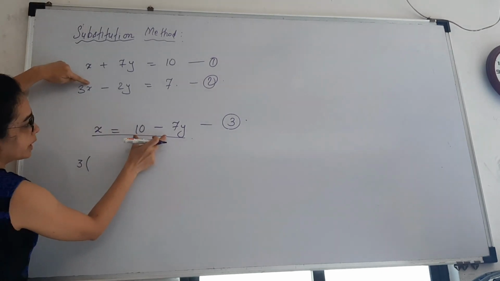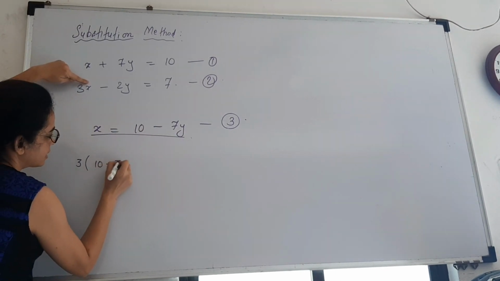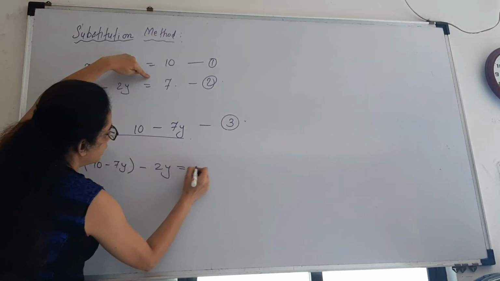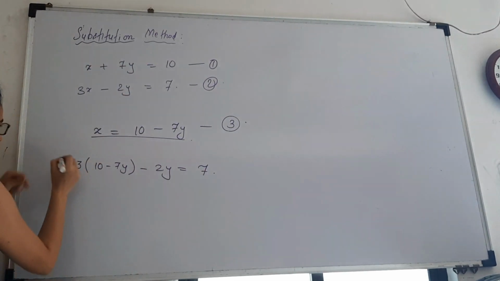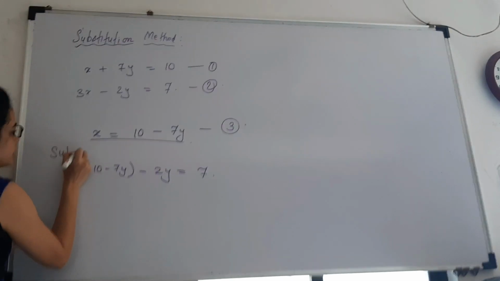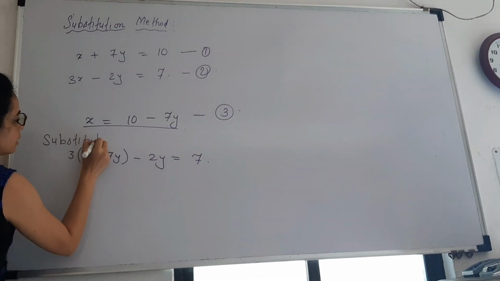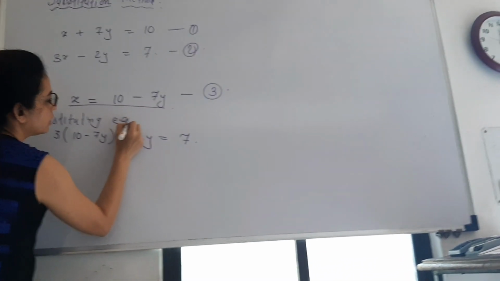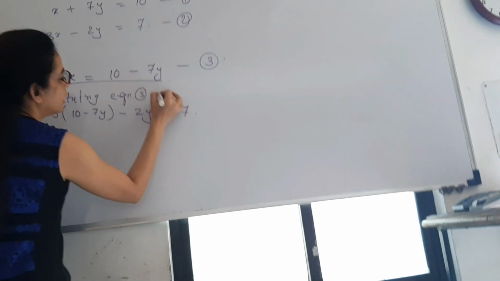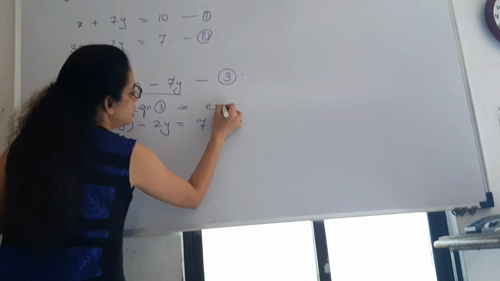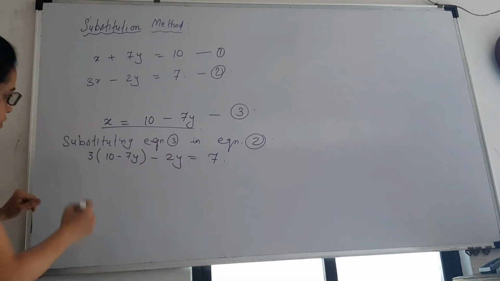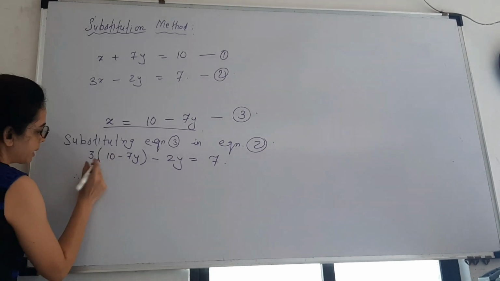Instead of x, I have to write 10 minus 7y, minus 2y equal to 7. So what am I doing? I am substituting equation 3 in equation 2. So that gives me this equation. Now let's open the bracket.